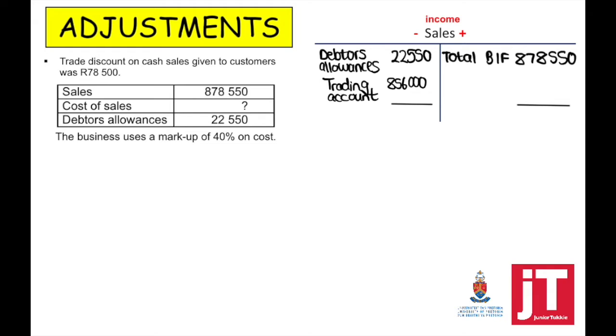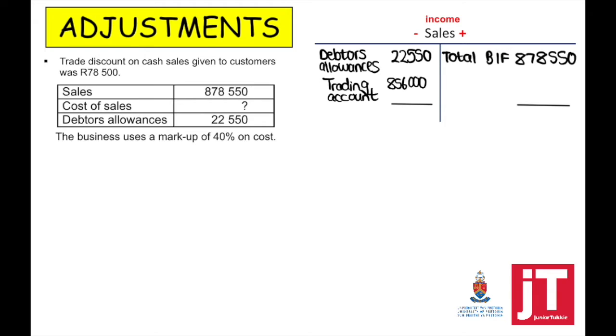To calculate the cost, I cannot just take the 856,000 and use the markup percentage. Why? Because of the trade discount. Trade discount means that customers paid less on purchases. That's one of the reasons why we do not achieve our aimed markup, because we actually sold it for less than what we intended to.